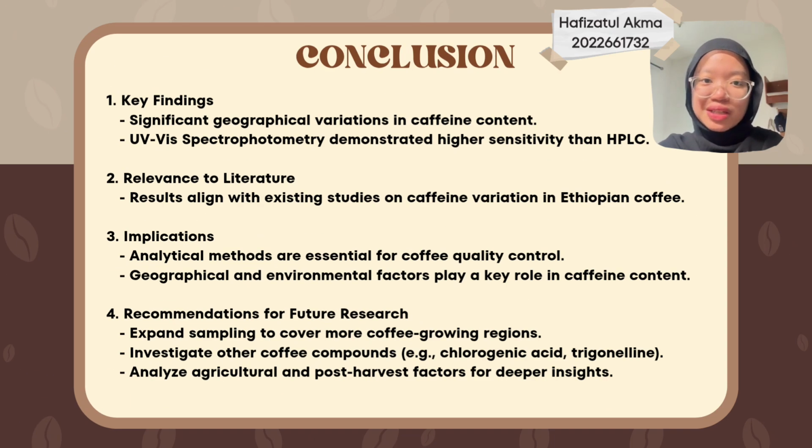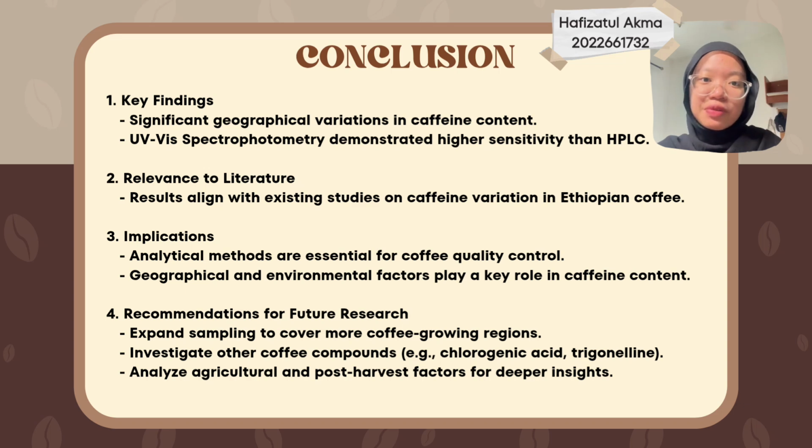In conclusion, this study successfully employed HPLC and UV-visible spectrophotometry to analyze caffeine content in coffee samples from various districts in Wollega, Ethiopia. The findings revealed significant variation in caffeine level based on geographical origin and demonstrated the higher sensitivity of the UV-visible method compared to HPLC.